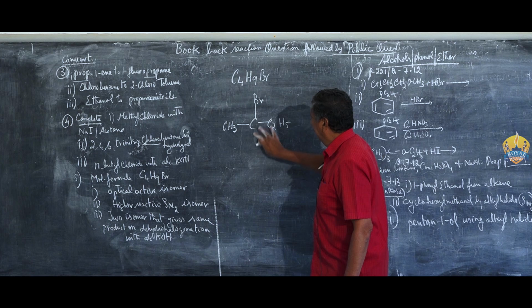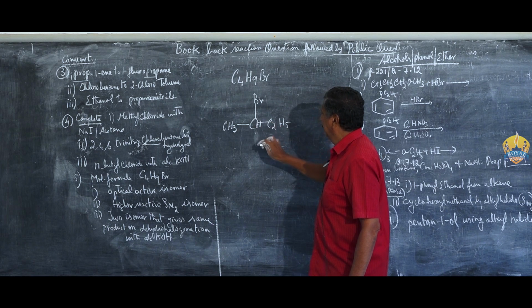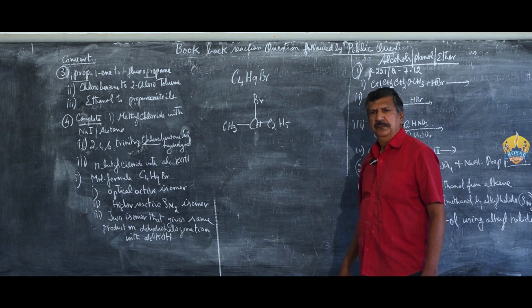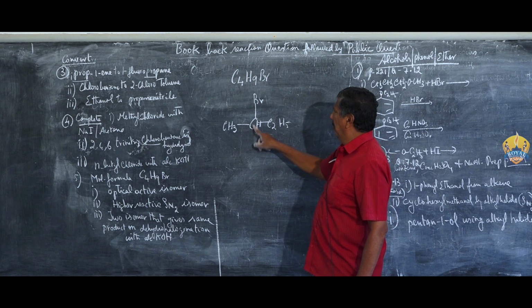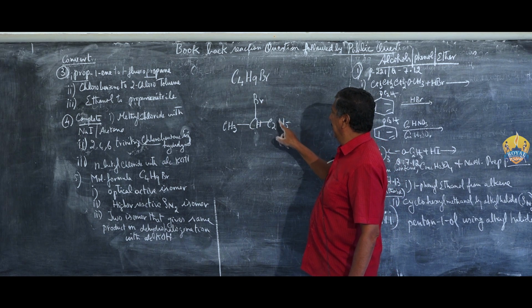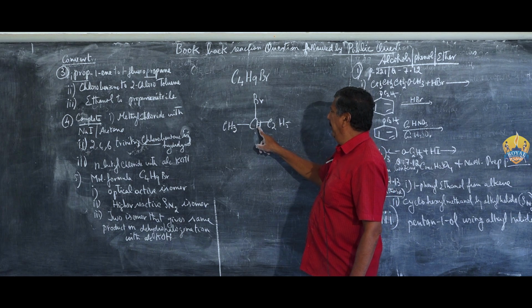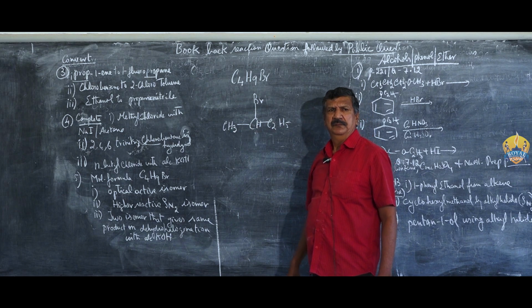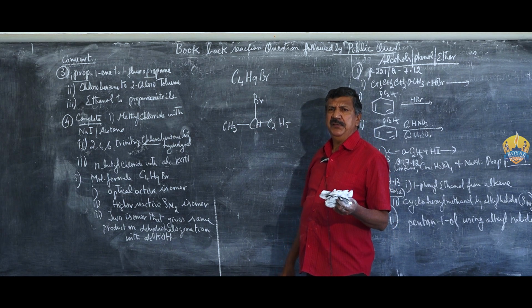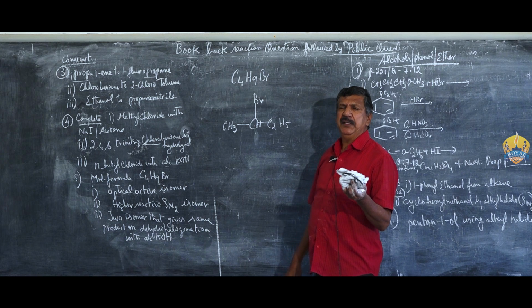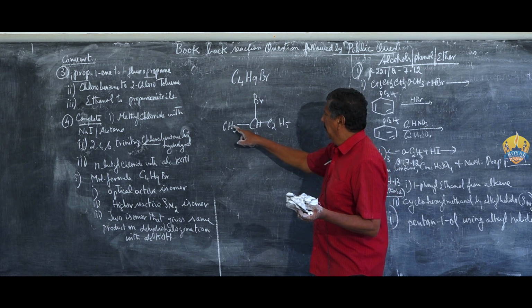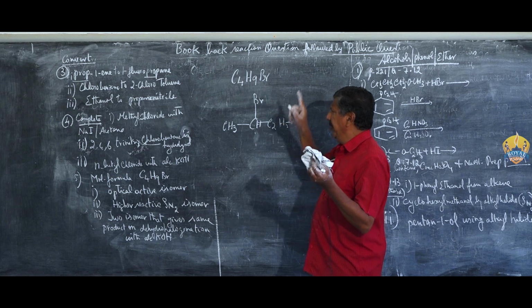Then H, that's all. You see this carbon? One side is bromide, other side is ethyl, other side is methyl, other side is hydrogen. That's why it is called an optically active compound. You check, all the groups are different.